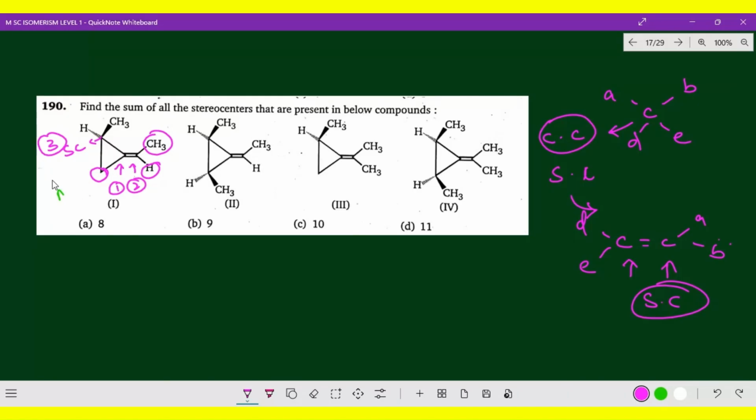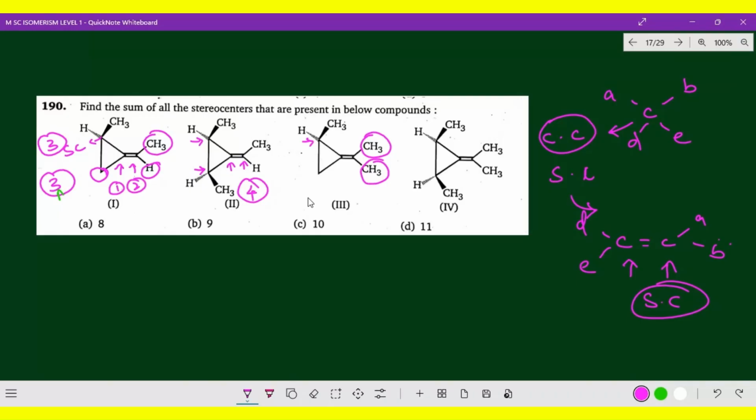In the first compound, it is three. Second compound, here one and here also one, two. That means geometrical isomers. And this side also one, and this side also one. So in the second compound, four stereo centers are available. And the third one, the same identical groups are attached, whereas in this point only one is available.